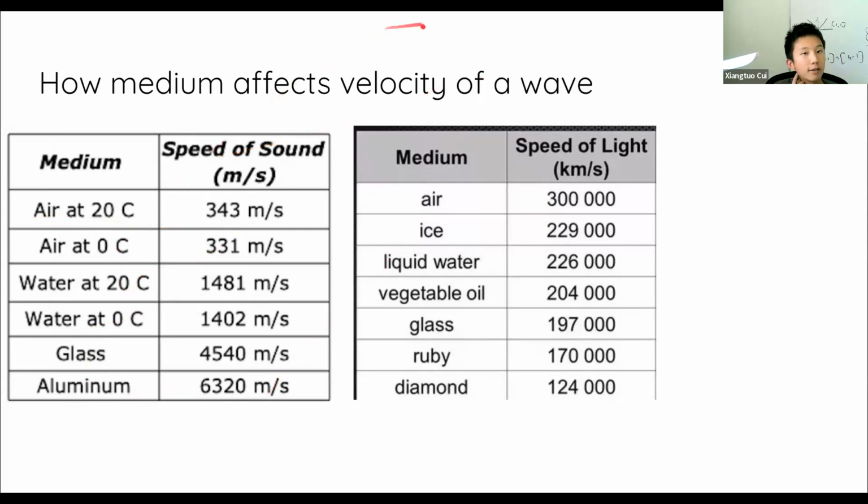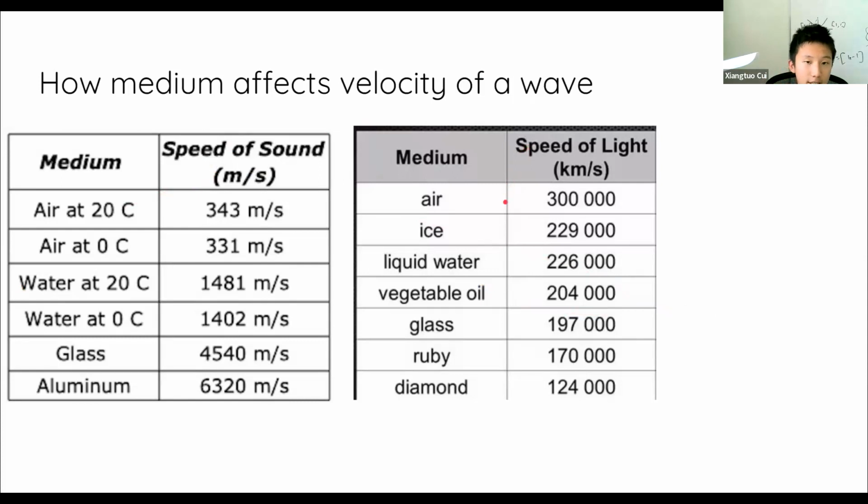You can also see how temperature changes the speed of sound. Temperature is also a property of the medium. And when the temperature of the medium changes, the speed of the wave also changes. Same goes for the speed of light.